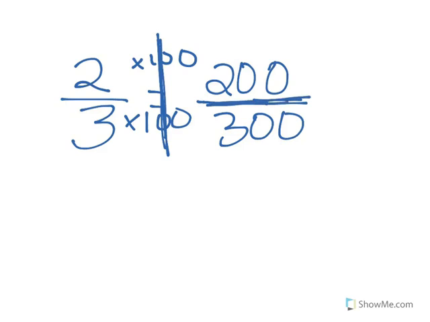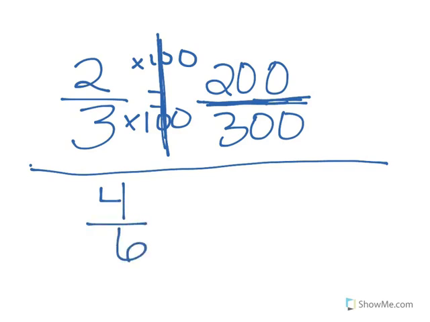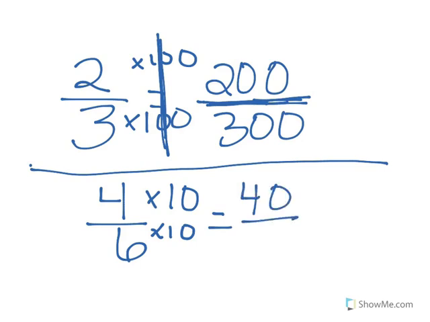You'll get an equivalent fraction. The same goes if you have 4/6. You could multiply each of them by 10 and you will get 40 over 60, because 10/10 is equivalent to one whole.